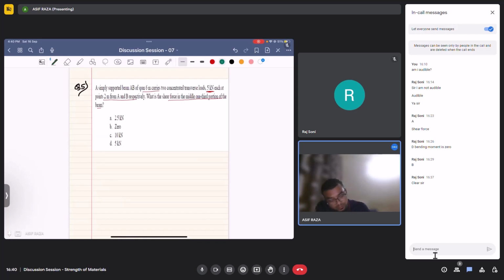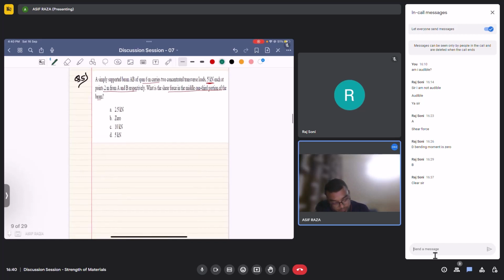First, let me help you in drawing the structure. This is a simply supported beam. This is A, this is B. Total length is 6 meter.